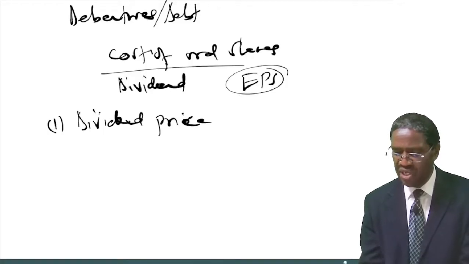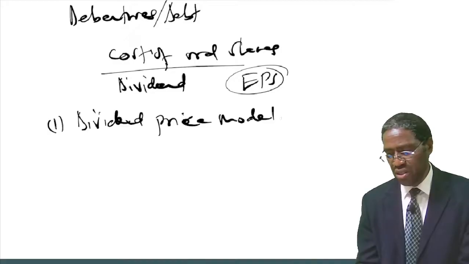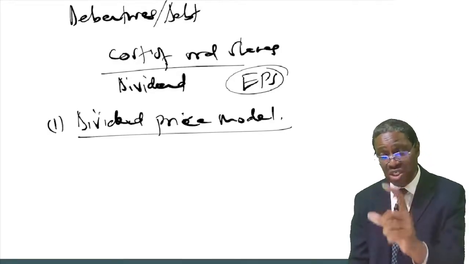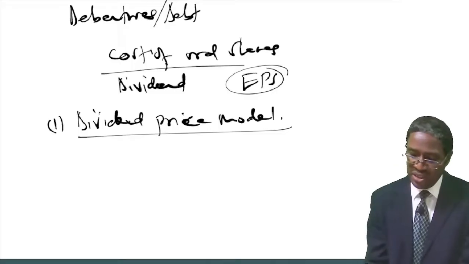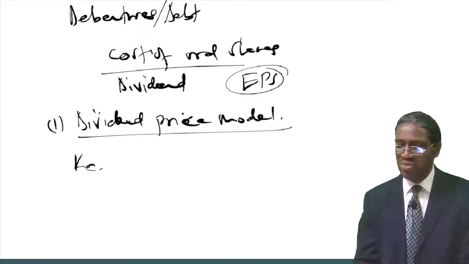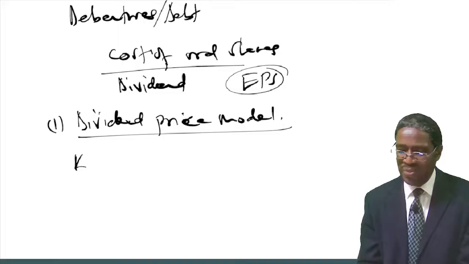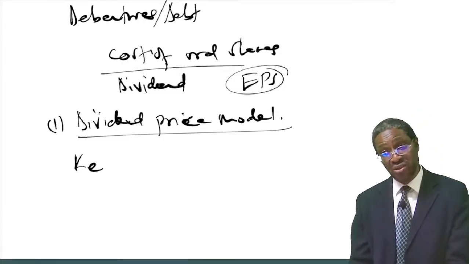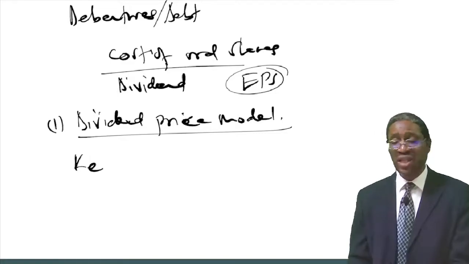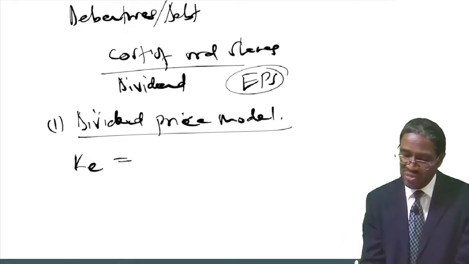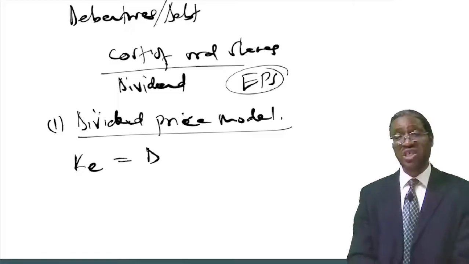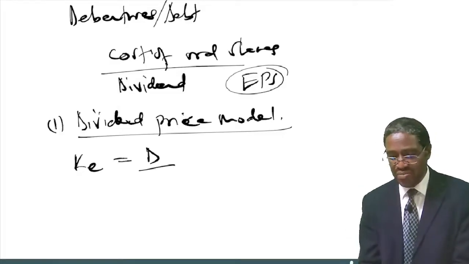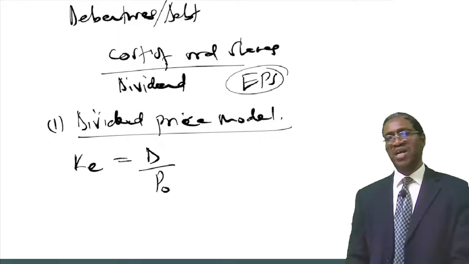Under this model, we shall be using Ke as the representative of the cost of ordinary shares. So to get the cost of ordinary shares, we take the dividend, which I represent by D, and divide that by P0.